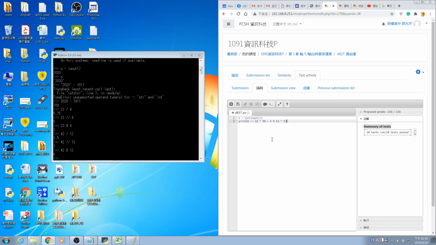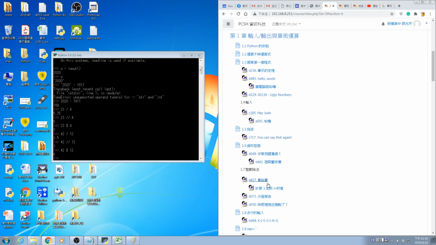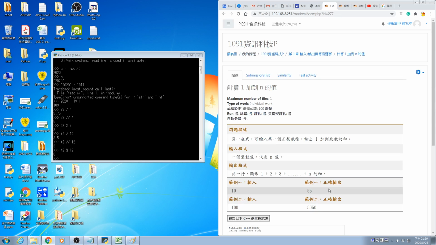If you do understand, there's another problem that you can work with. It's the next one, calculating the sum of 1 to n. I want the sum of 1 plus 2 plus 3 until plus n.